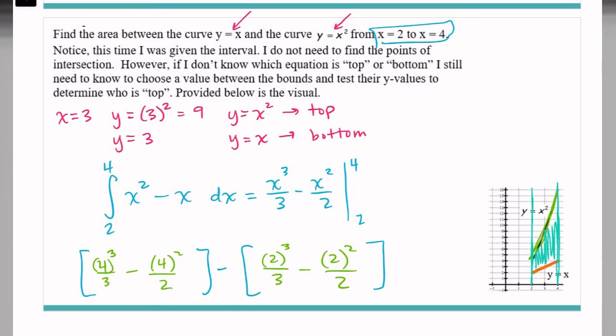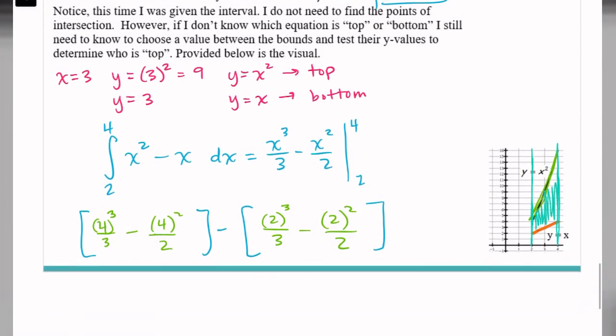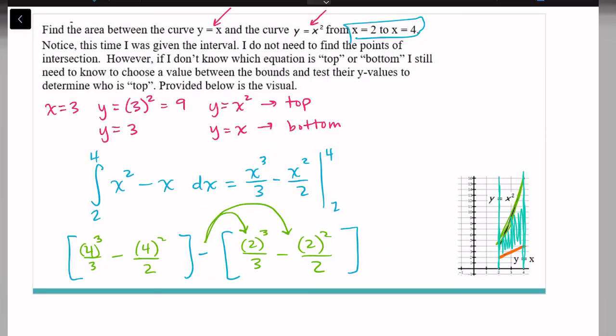On an open response question on the AP test, you are totally allowed to leave your answer exactly as it is right there, and you can stop. For the sake of practicing, we are going to go through and actually simplify this without using a calculator. So 4 to the 3rd is going to give us 64 over 3. 4 squared over 2 is going to give me 16 over 2.